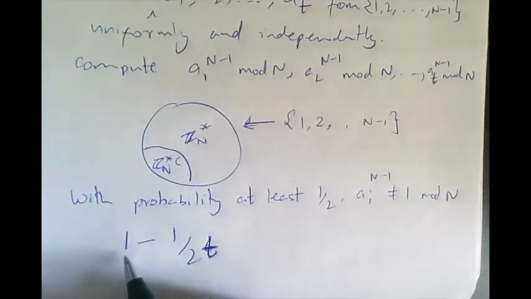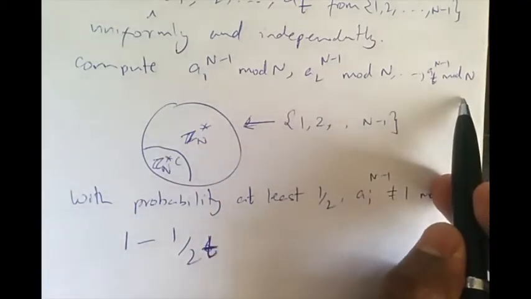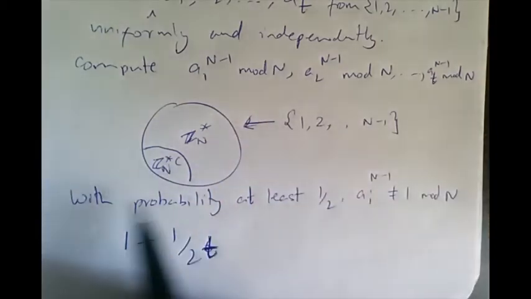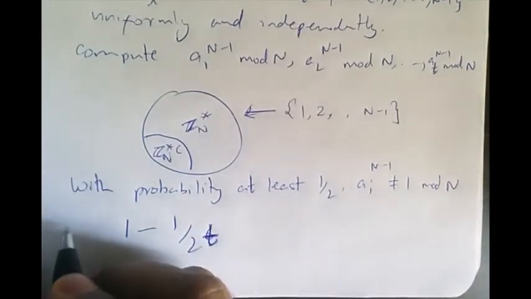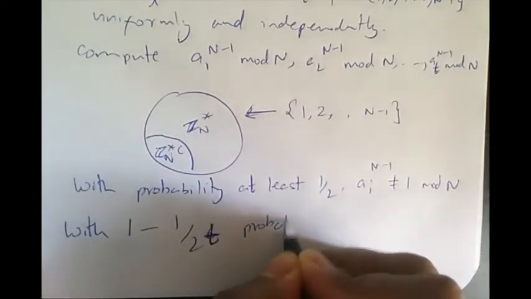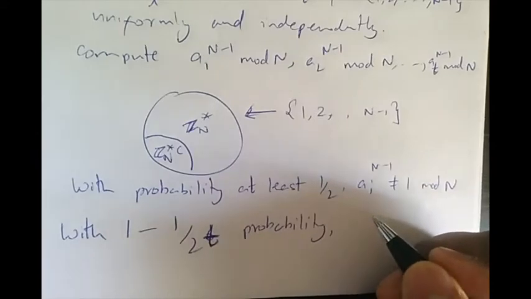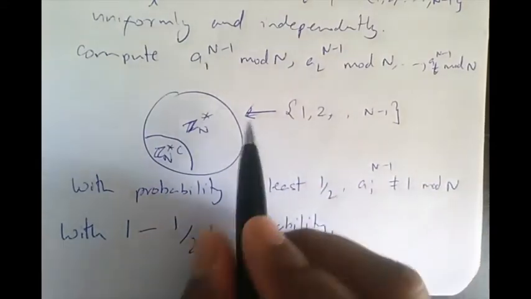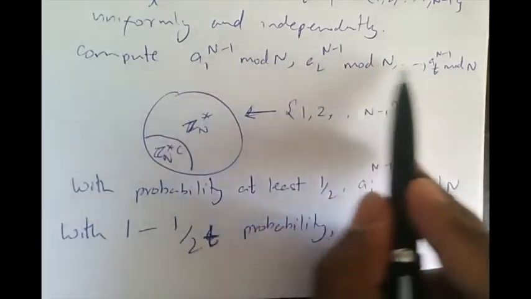So what is the probability that at least one of these trials gives you a number which is not equal to 1? This is 1 minus 1 over 2 raised to t. So with probability 1 minus 1 over 2 raised to t, you will get a number not equal to 1 in one of these places.